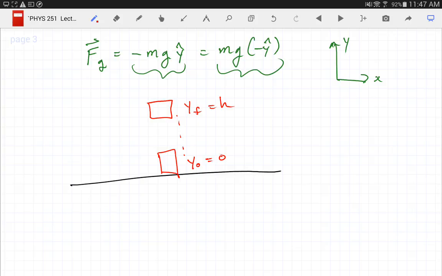Any one of you could answer. Work is integral, yeah. And then I'll substitute my force equation.